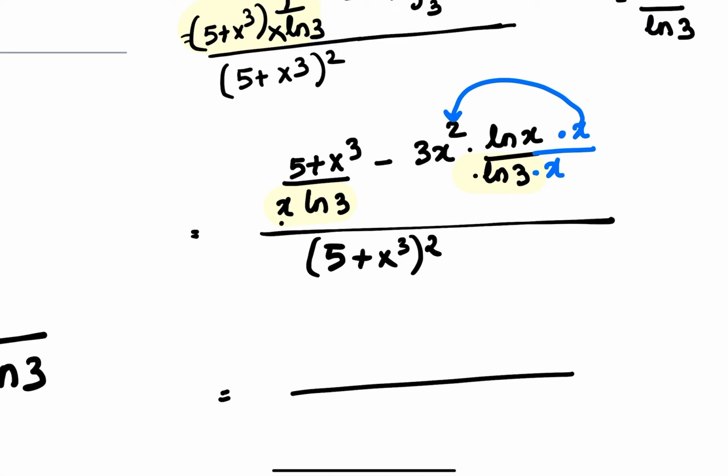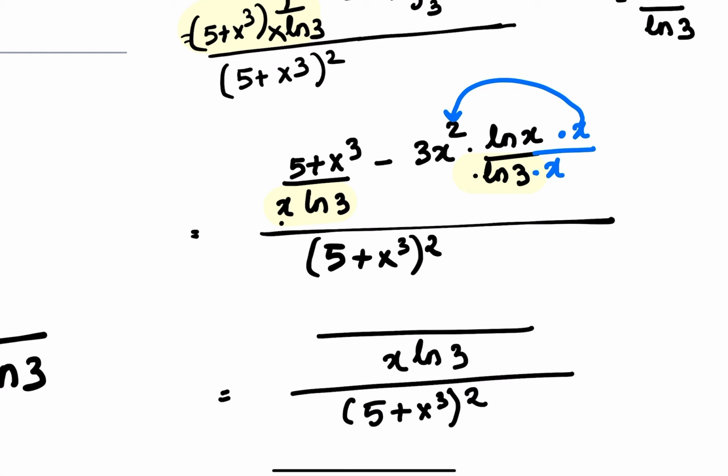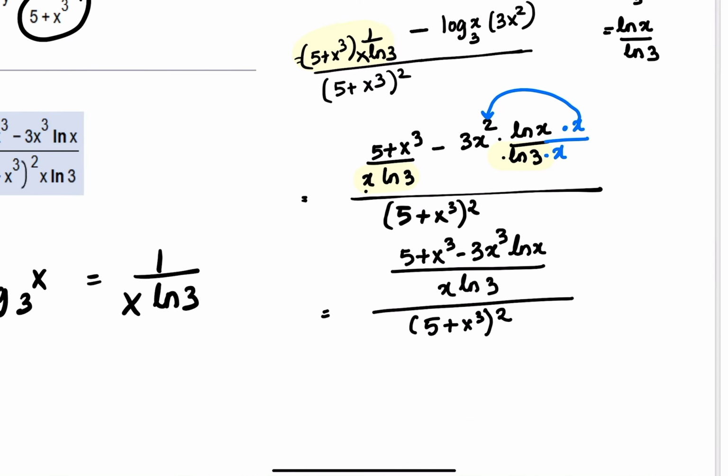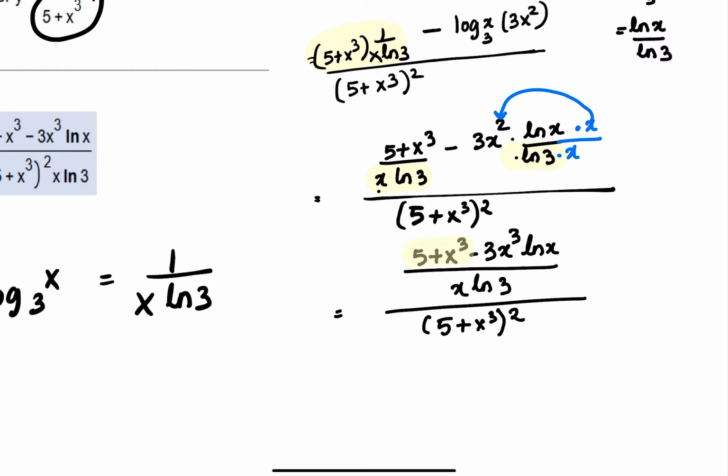I'm going to rewrite the denominator, 5 plus x cubed whole squared. I have the common denominator of x ln 3. And now I have 5 plus x cubed on the top minus 3x cubed ln x. And now, so this is one term, so you can differentiate.